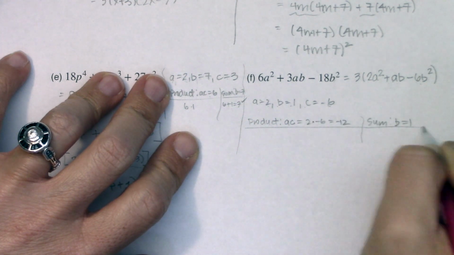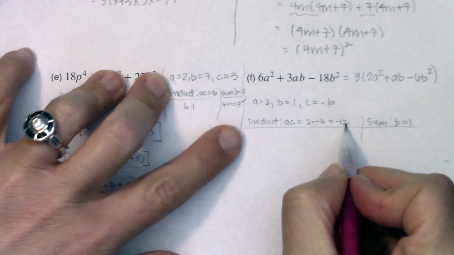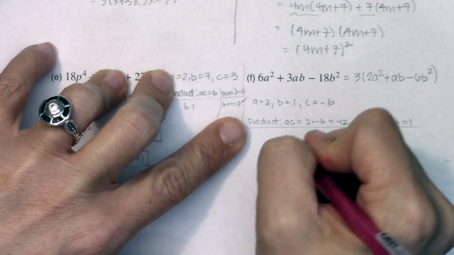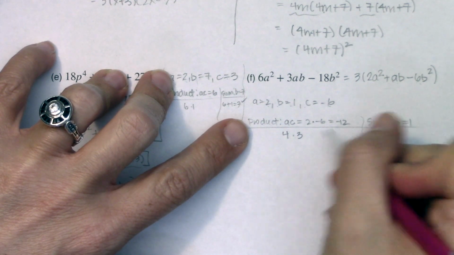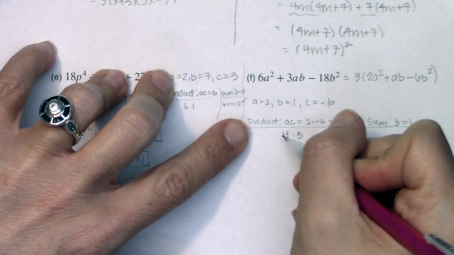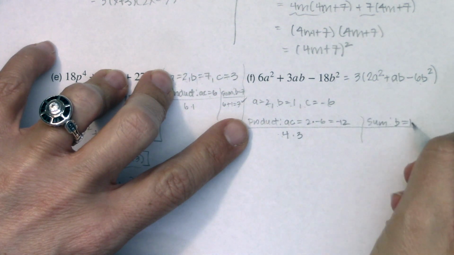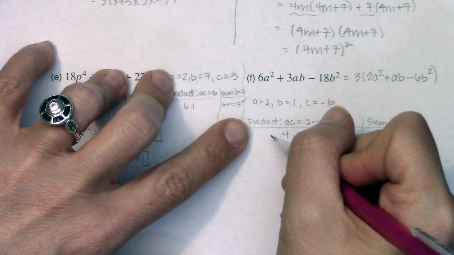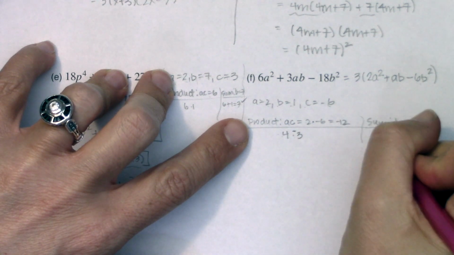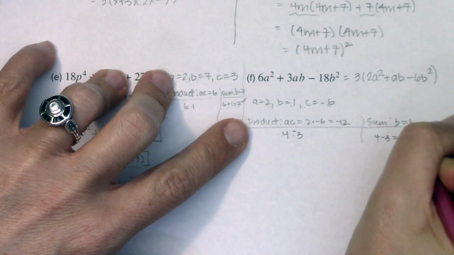All right, so what multiplies to 12 but it's off by 1? I'm going to do 4 and 3. And I need it to be negative 12 that they multiply to. So either the 4 is negative or the 3 is negative. But I need it to sum to positive 1. So I'm going to want positive 4 and negative 3. Because 4 minus 3 would equal 1.